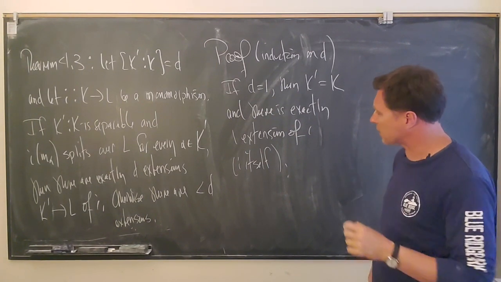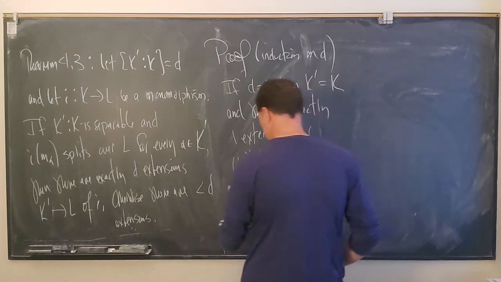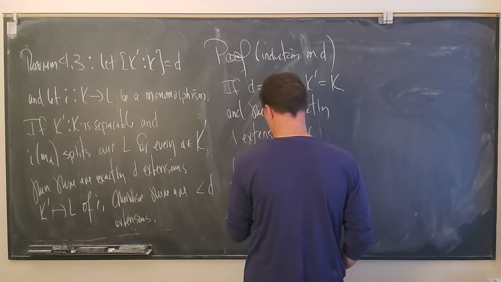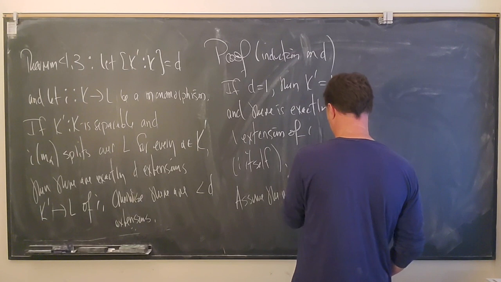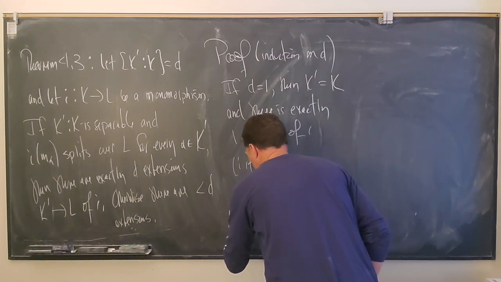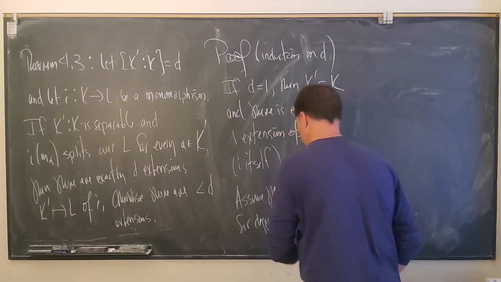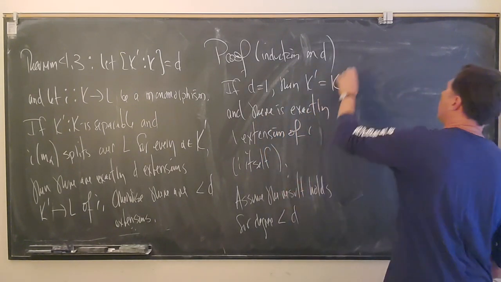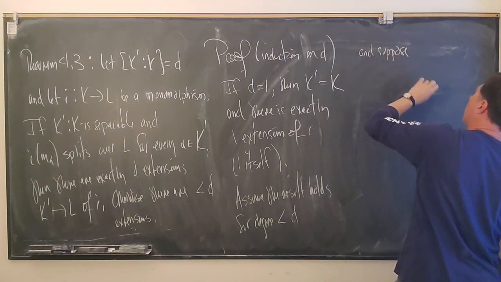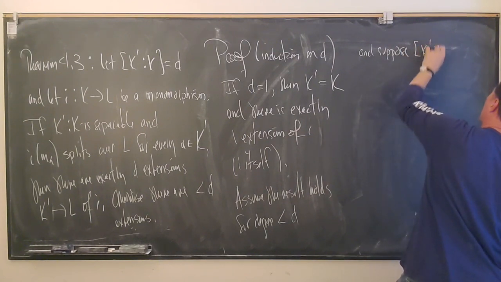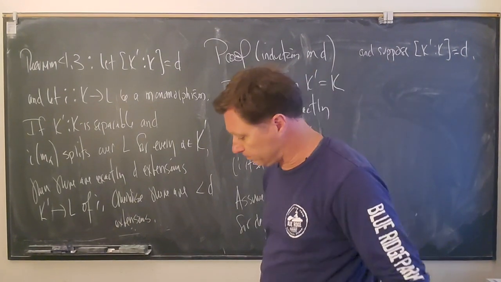Okay, so there's the base case, and so now let's set up our inductive hypothesis. So assume the result holds for degree strictly less than d, and suppose that we're working now in degree d.